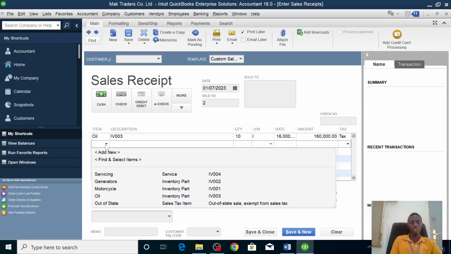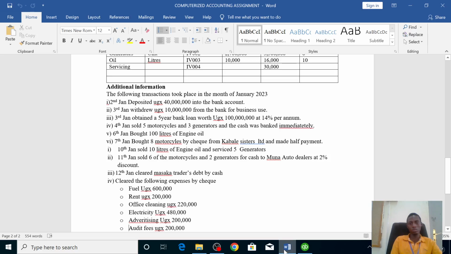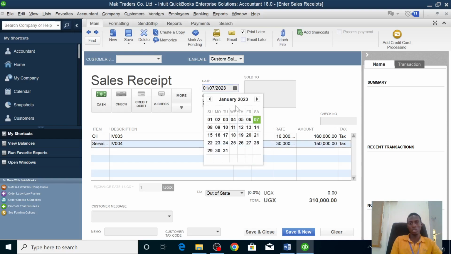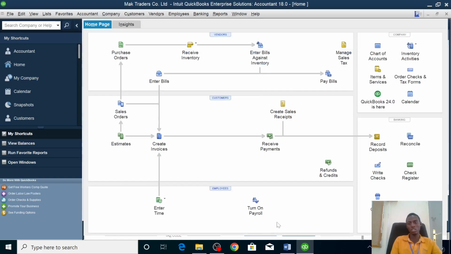And 5 generators were serviced, so it's servicing, and 5 of them. Date is on 10th. So I save and close.